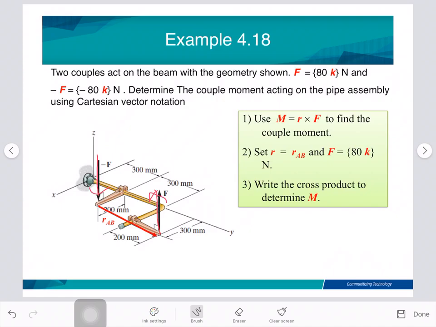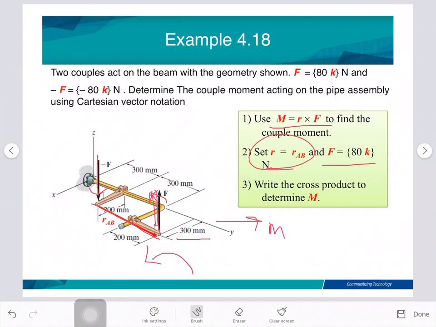Okay, so the moment is equal to R cross F. What is the R? We define R as RAB. And then the F we choose positive. This unit is mm, so we need to change to meter.